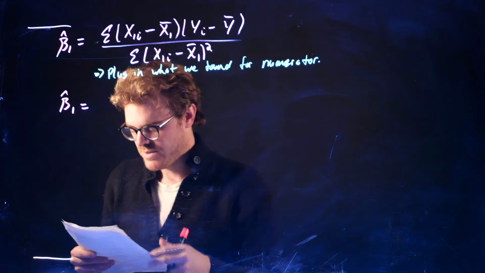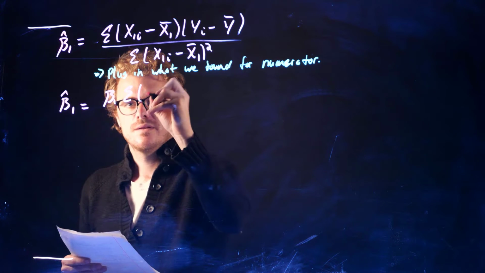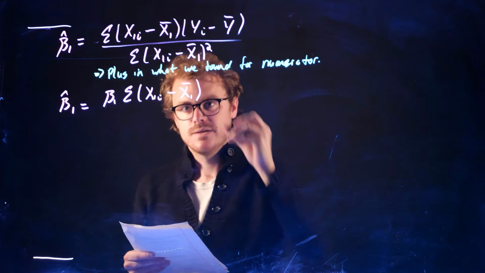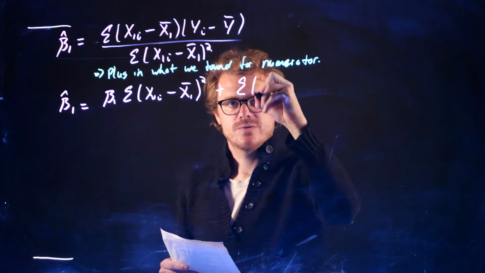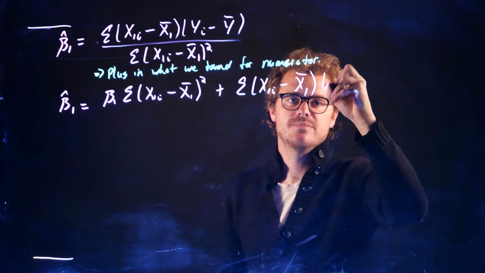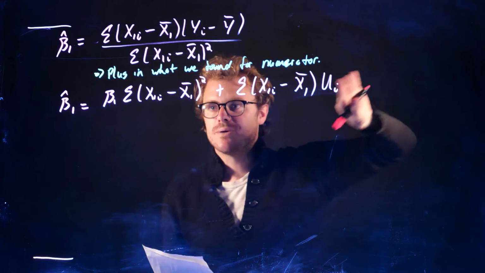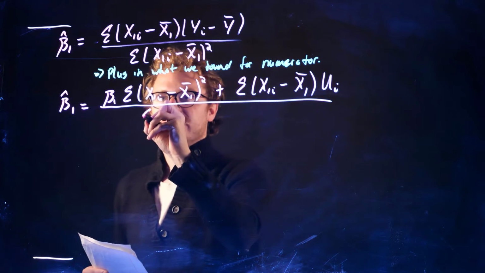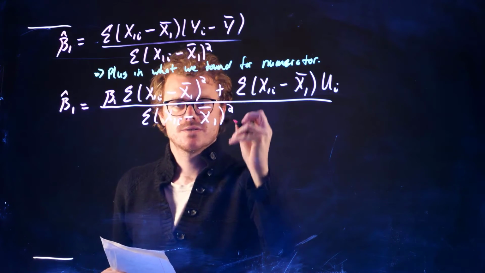So beta hat 1 equals, remember we had the true value of beta 1 times the sum of x1i minus x1 bar, that was squared, plus we had that second term, which was the sum of x1i minus x1 bar times ui. And then that last term, remember, was equal to 0. And then it's over the sum of x1i minus x1 bar squared.